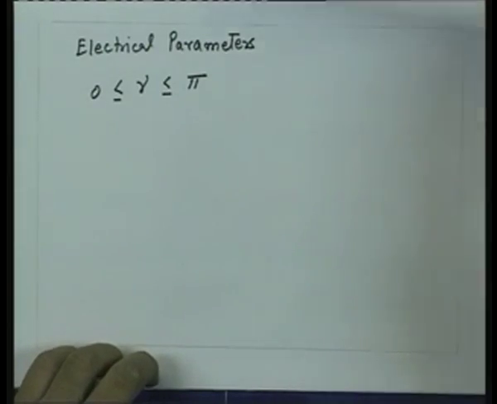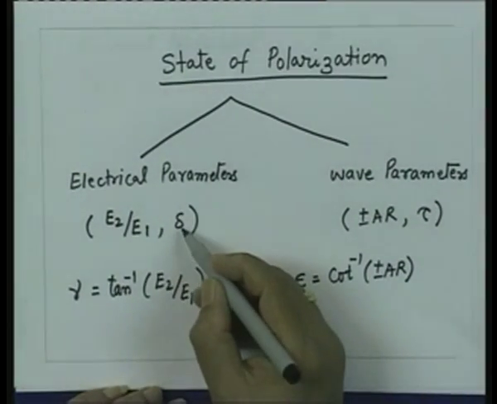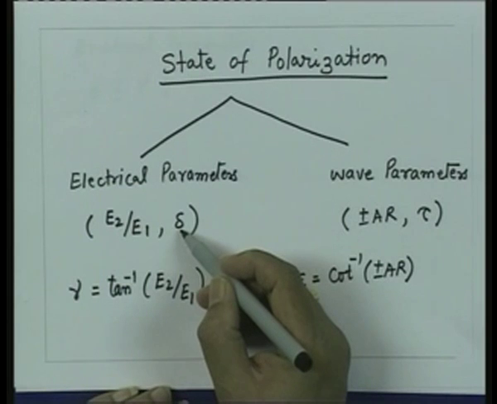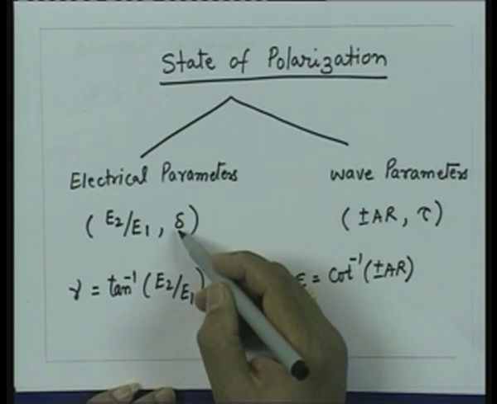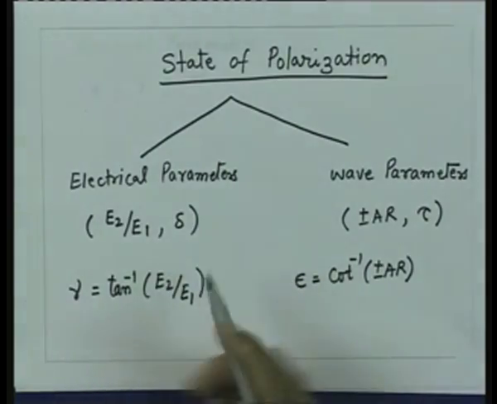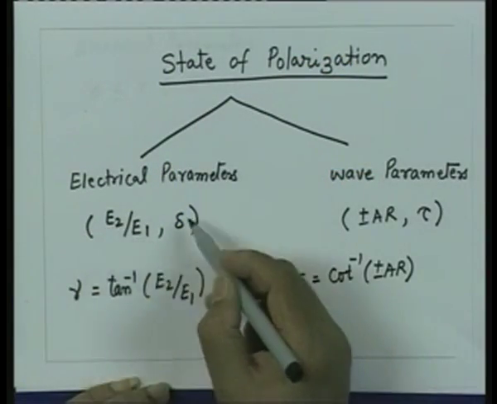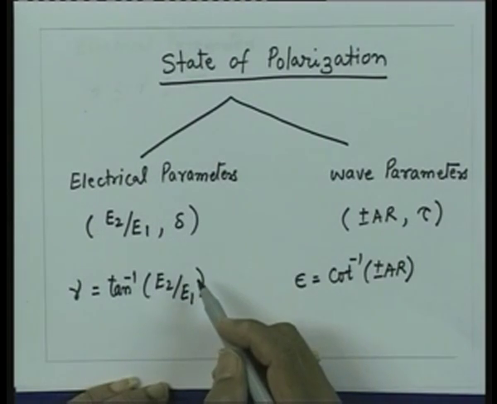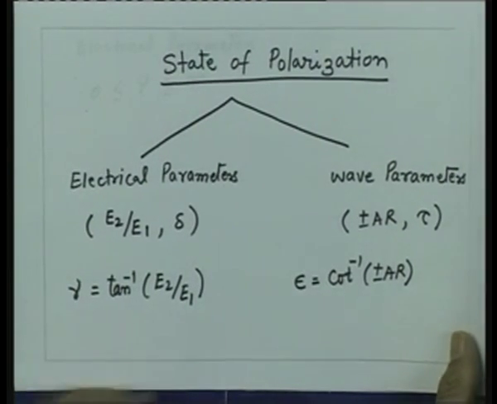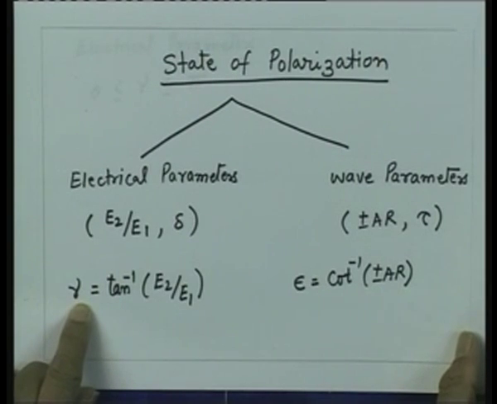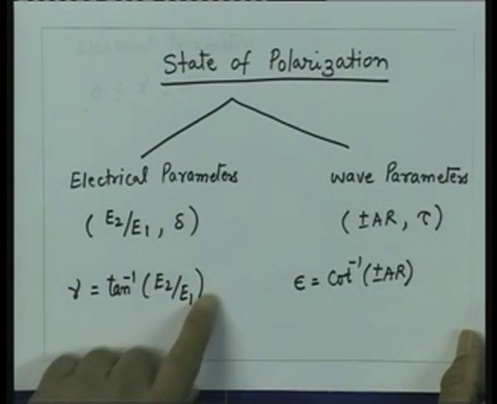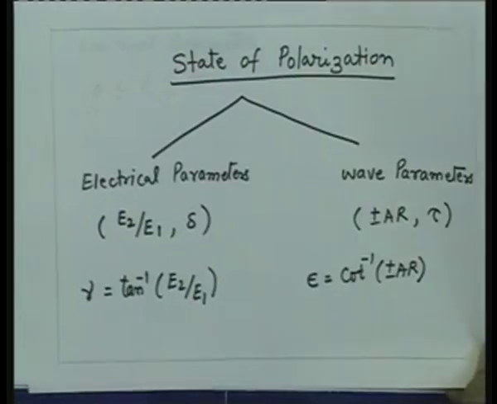What we are doing here is assuming that the phase angle between the two components ranges from minus 90 to plus 90 degrees, whereas the phase difference between the two electrical quantities can vary from 0 to 360 degrees. To account for that, we essentially put the sign along with this and make the phase difference range from minus 90 to plus 90 degrees. That is the reason this quantity gamma will vary from 0 to pi, because this quantity can even be negative.